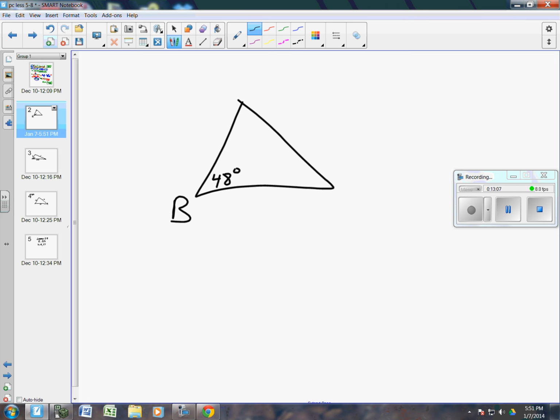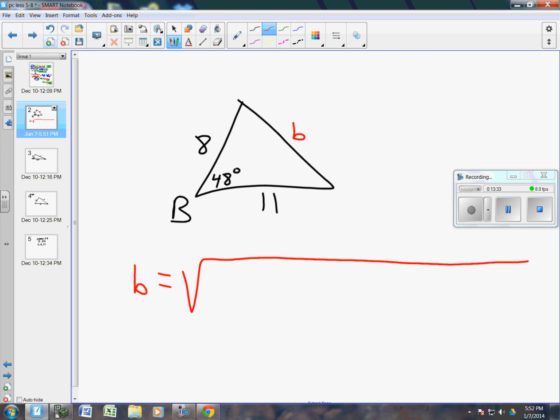So let's say this was 8, and this was say 11. In this case, all you need to know is whatever side we're looking for, this is going to be B over here, because it's opposite of angle B, is going to be the side that I'm going to put right here. And you know what? I'm going to skip a step. I'm going to put the B equals the square root of all of this over here.